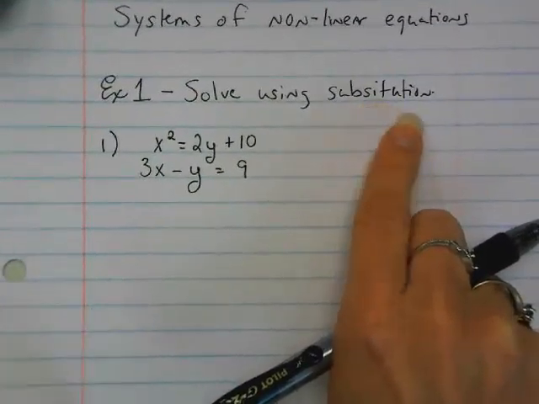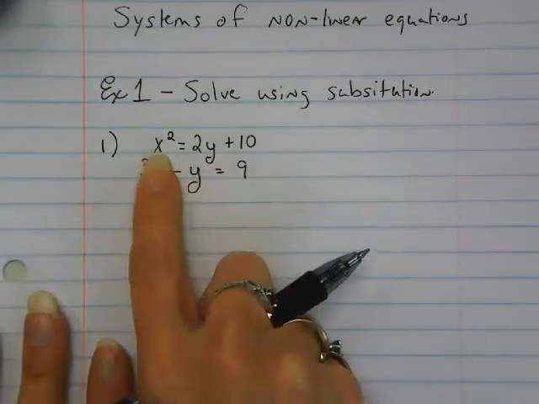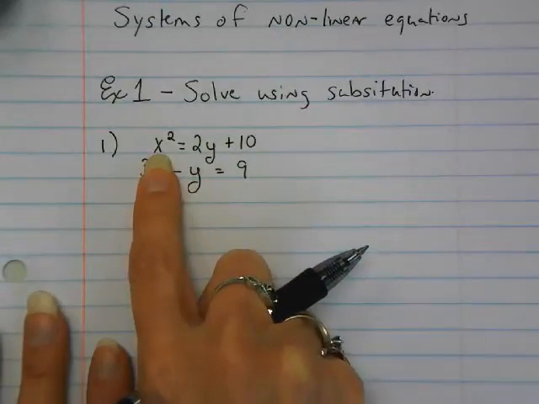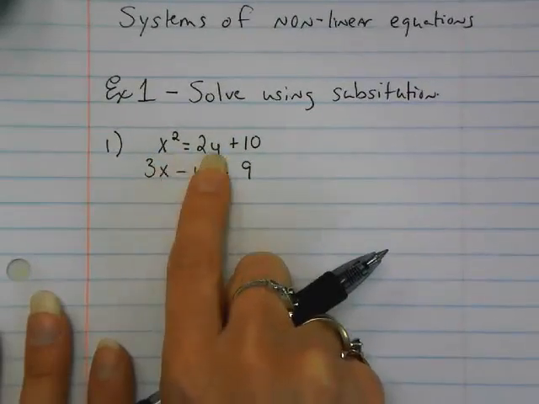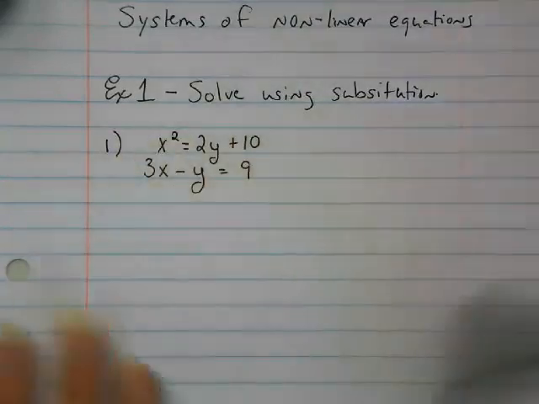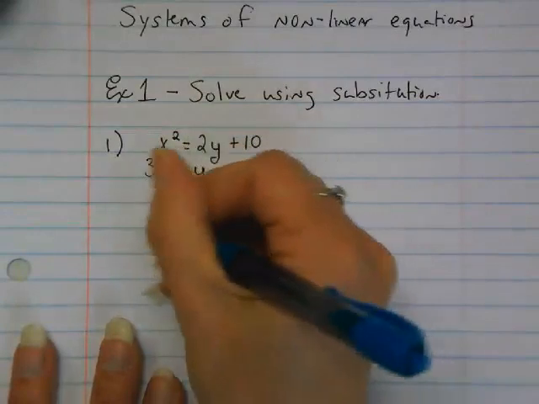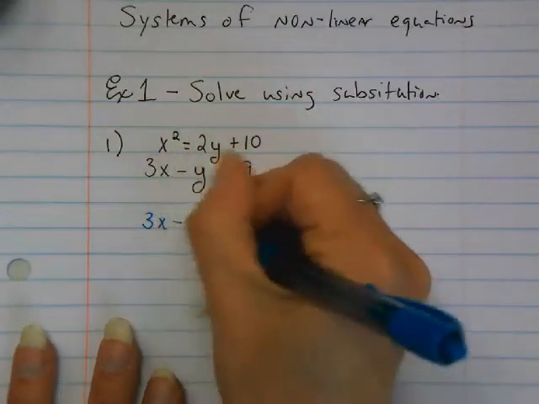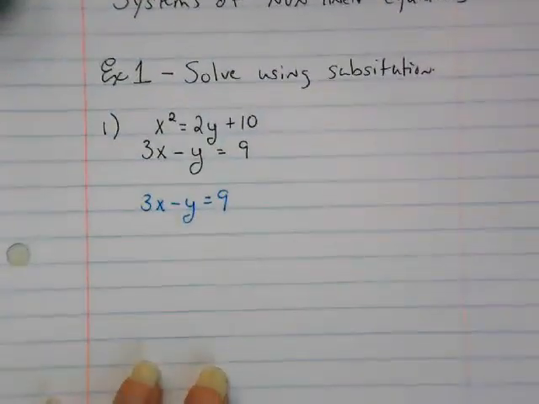Now, that means that I have to get one variable all by itself. Do you realize that if I try to do this guy, I can't get x by itself unless I take a square root, which is going to be a royal pain when I go to plug it in here. So we're going to want to try to isolate somebody in the linear. Okay? So I start out with 3x minus y equals 9, and we want to get y by itself.